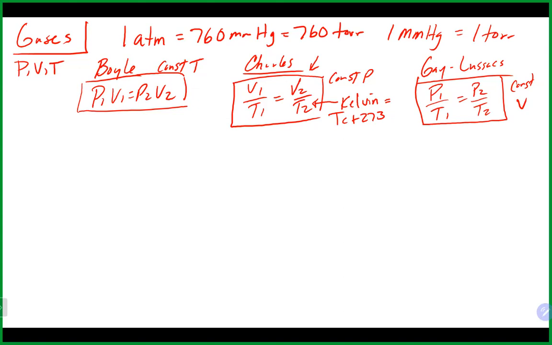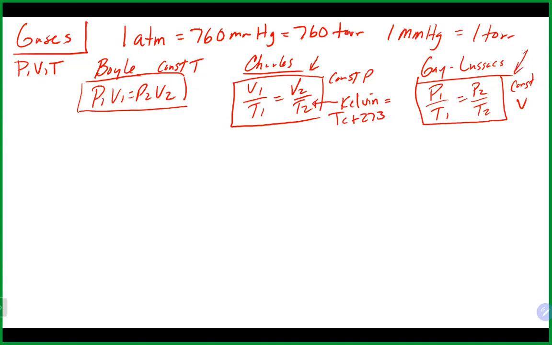In the situation with Guy-Lussac's law, it's at a constant volume, which means as you increase the temperature, because the volume is fixed, it will not move. We will see more collisions occur, and the result is that the pressure goes up.